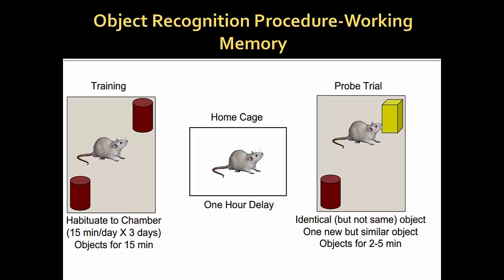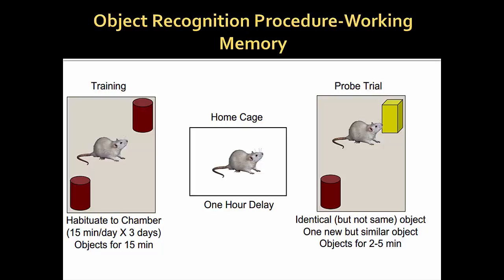And then we do another one called object recognition, and this involves more working memory. So when you train them, you have them in a box, and they have 2 objects. We do all this in 1 day. We put them in here, then we take them out for 5 minutes, and then we replace one of the objects with a new object.